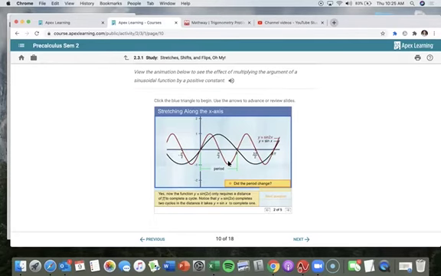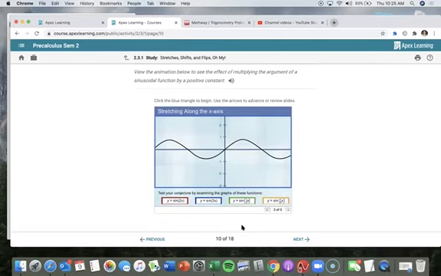Instead of being 2 pi, it's now just 1 pi. Our period changed by dividing by that constant. We had 2 pi originally, and we divided it by this constant out in front. So 2 pi divided by 2 gives us our 1 pi.